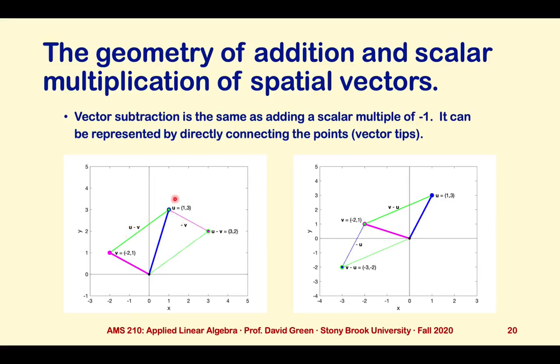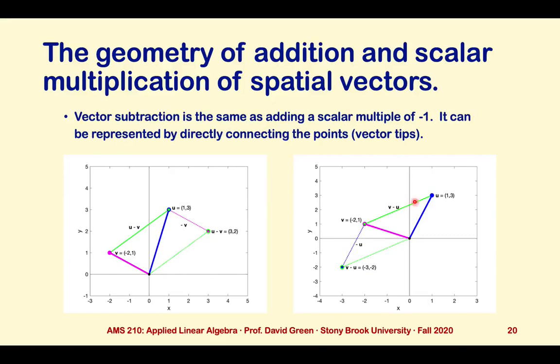You can think about this in more abstract terms. If we first walk along v, and then we walk along u minus v, what are we doing? We're adding u and subtracting v. Well, we already added v, so if we now add u and subtract v, we ought to get back to u, which is exactly what happens. The difference u minus v is the connection from v to u.